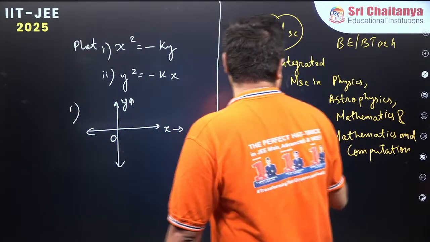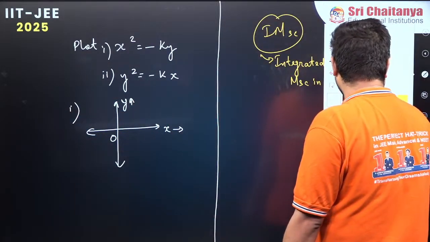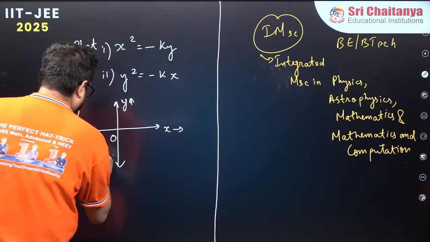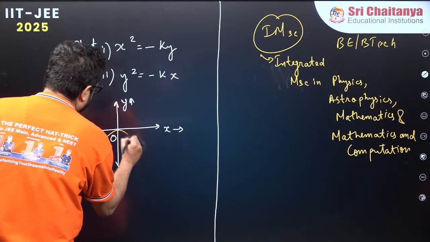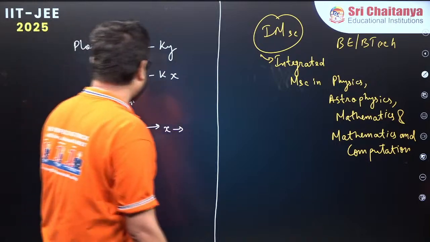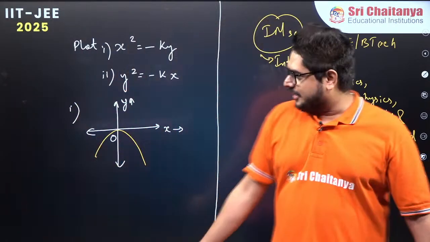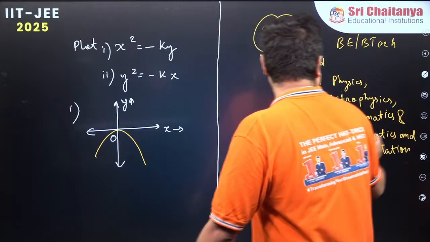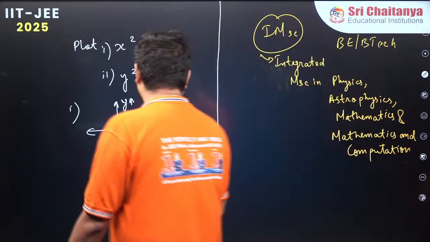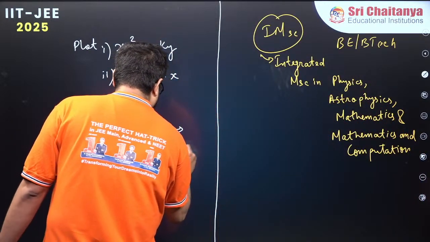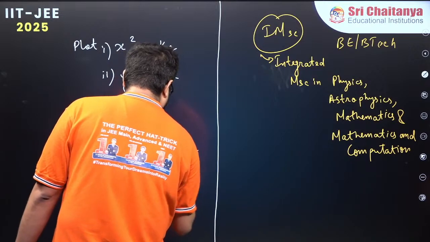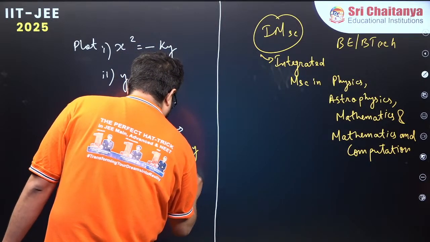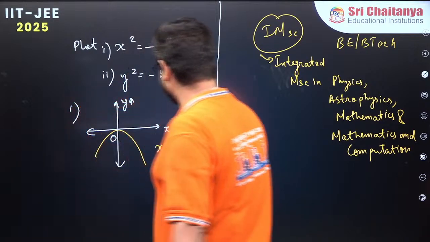So if I plot x square equals minus ky, I can plot it like this. And this is going to be the representation of x square equals minus ky. You can write it as y equals minus x square by k. You can also plot it like this, isn't it?